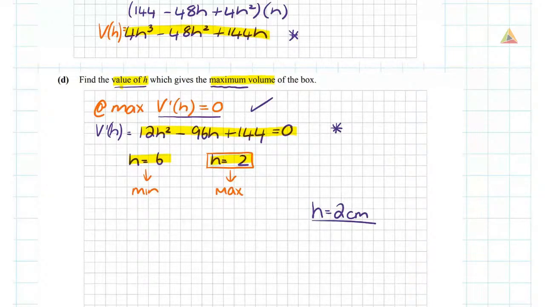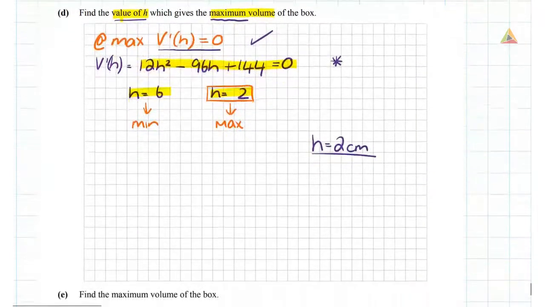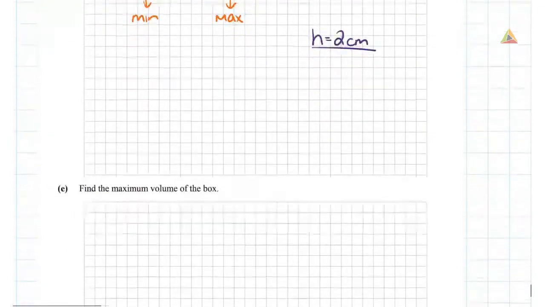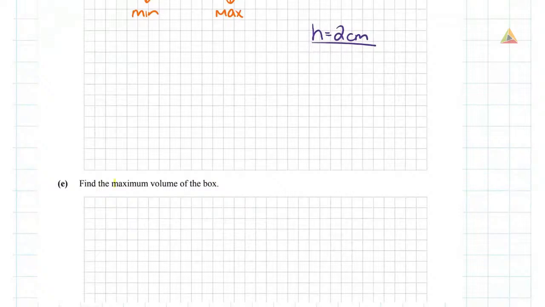Okay, so again, you're seeing that maximum volume, that word maximum coming up quite a bit. So the next part, find the maximum volume of the box. So in other words, we're taking our answer from the previous part, h is 2, because we know that the volume is a max when h is 2.